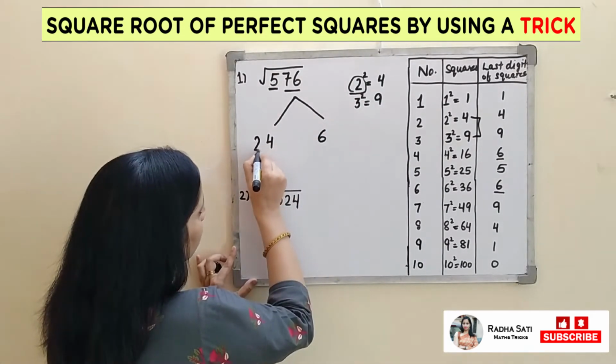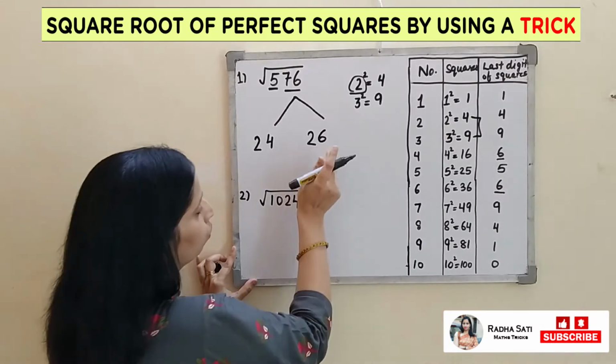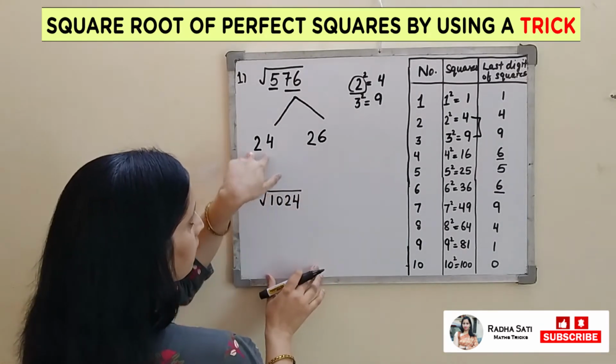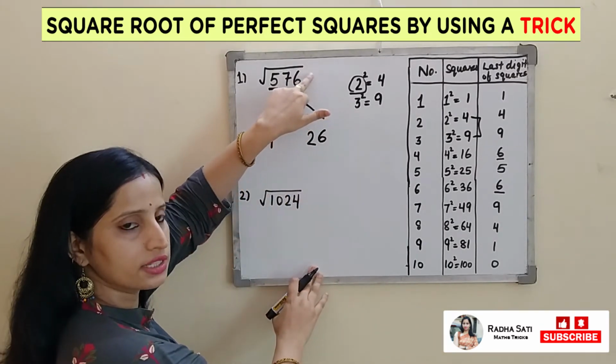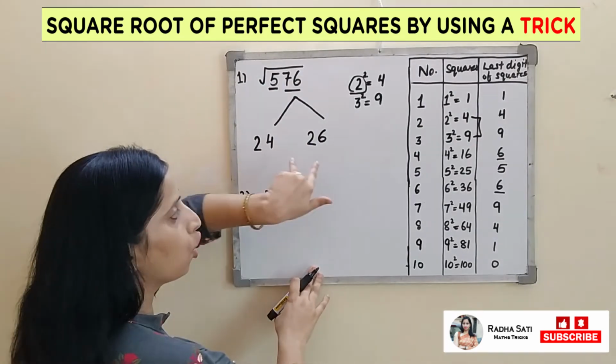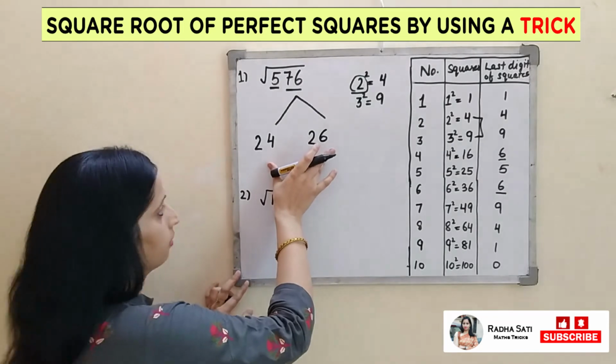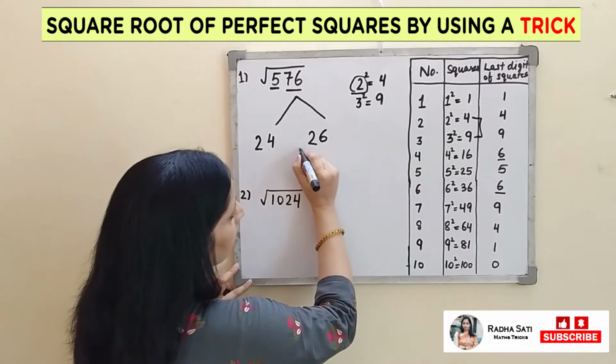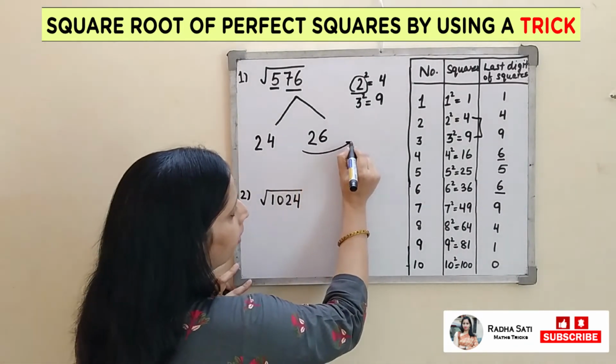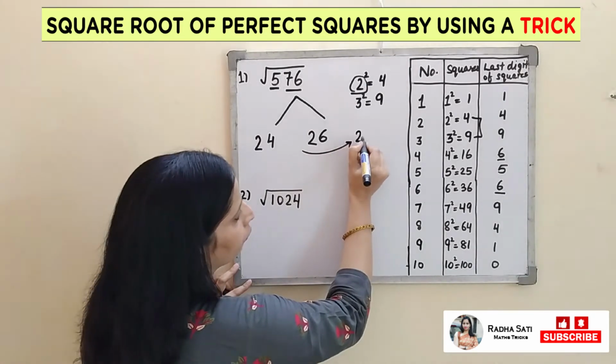This means our first digit will be 2. So the square root of 576 will be either 24 or 26. Now we will check which one is the answer. For this we check the square of the middle number, that is 25.